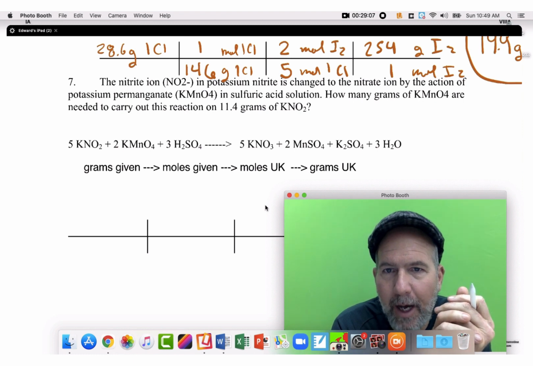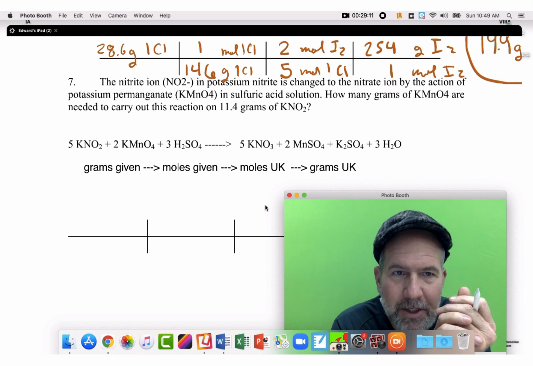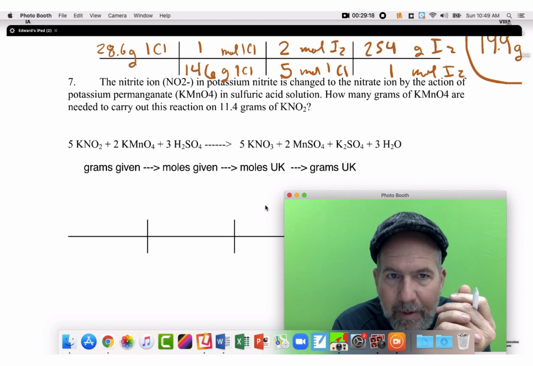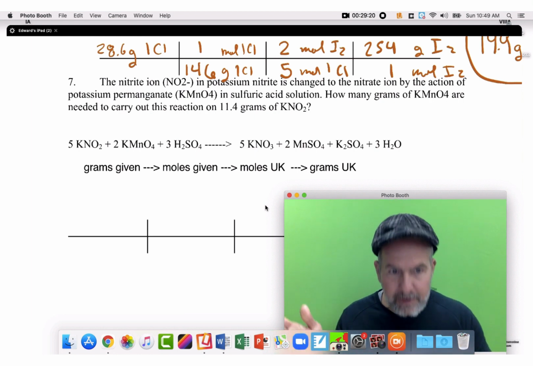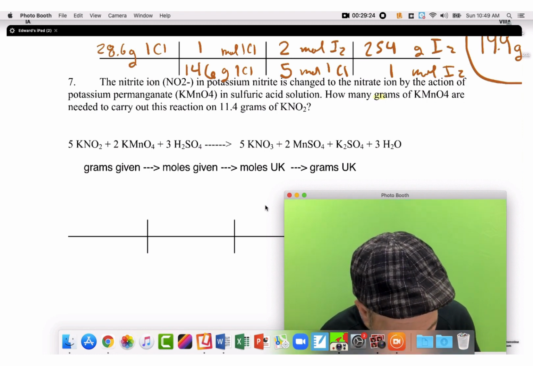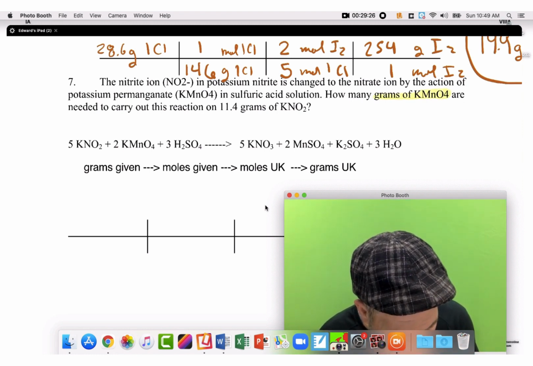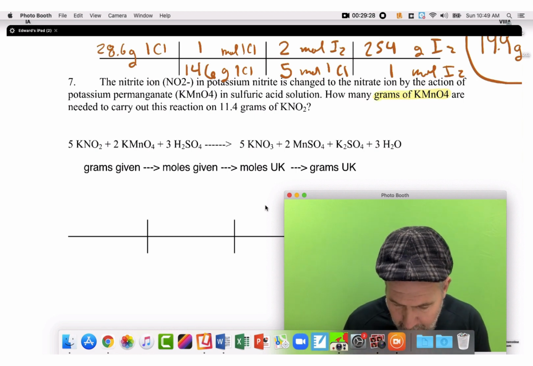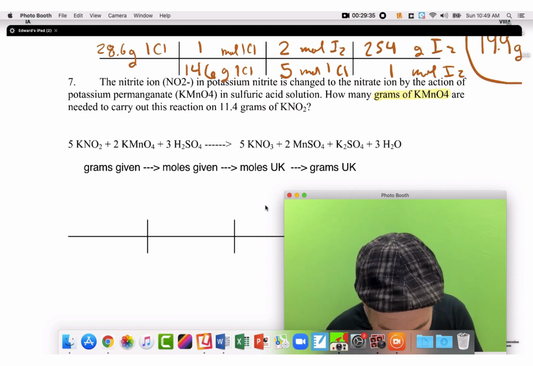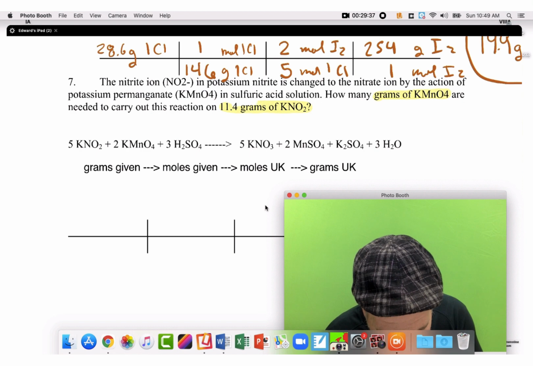The nitrite ion in potassium nitrite is changed into nitrate ion by the action of potassium permanganate in sulfuric acid solution. How many grams? There it is. How many grams? Did you see that? How many grams of KMnO4, potassium permanganate, are needed to carry out this reaction on 11.4 grams of potassium nitrite?